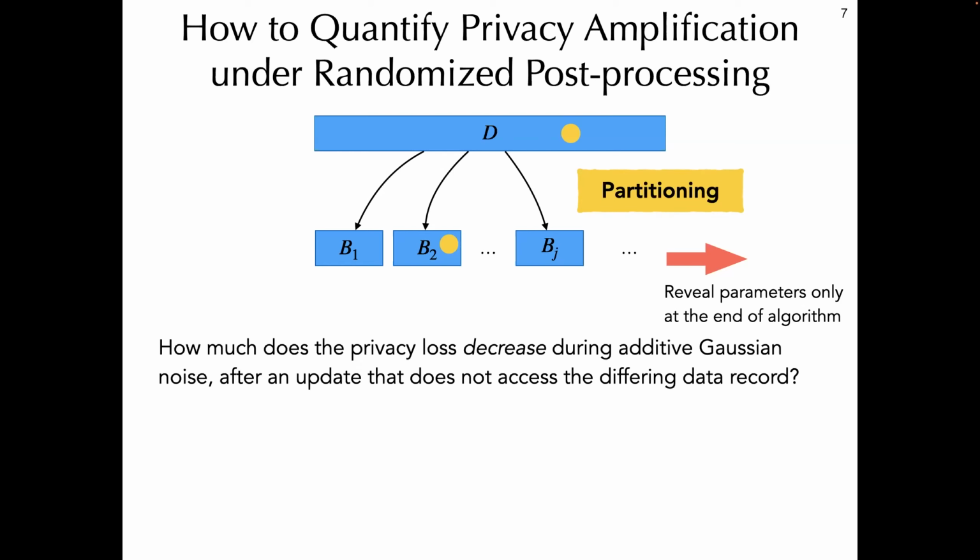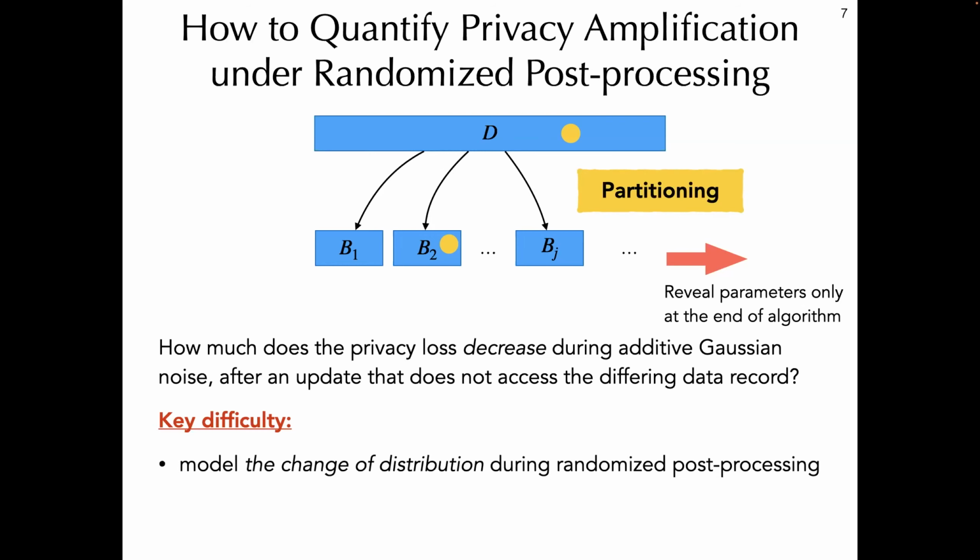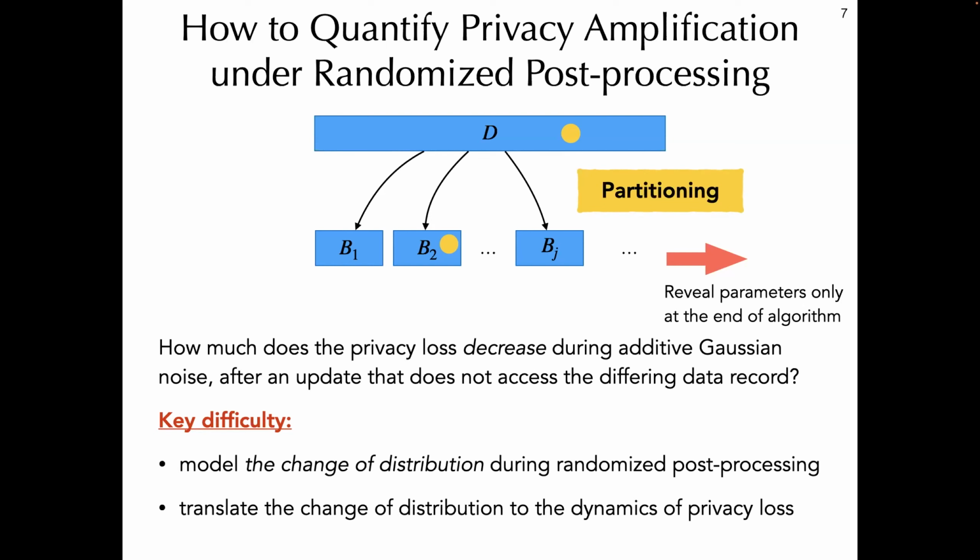We first fix this mini batch sequence because now we are studying the effect of randomized post-processing specifically. And the difficulty for this is to model the change of distribution during the randomized post-processing update. And moreover, we need to translate this change of distribution to the dynamics of privacy loss before and after this update.